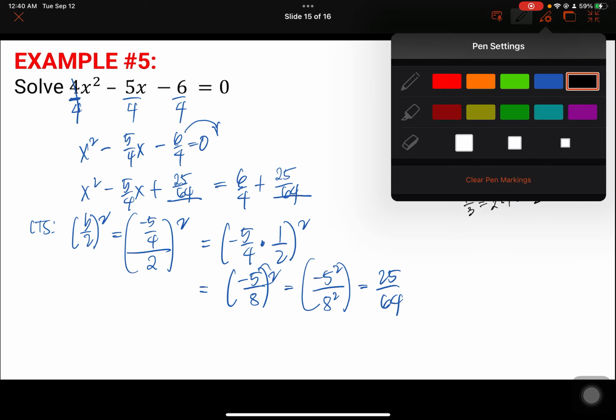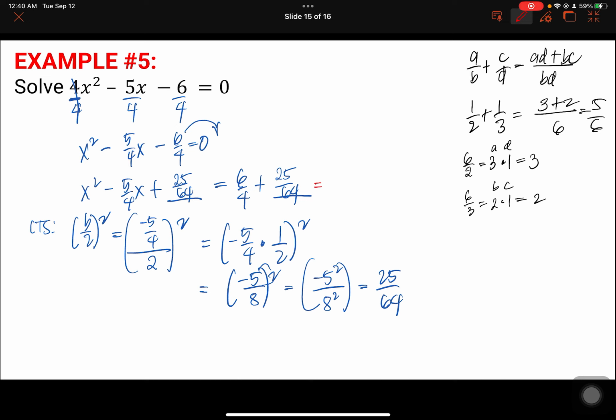So, using our problem, so ang LCD po niya dito ay 64. 64 divided by 4 is 16. Then, 16 times 6. So, may 96 tayo dito. Plus, 64 divided by 64 is 1, times 25 is 25. So, 96 plus 25, we will have 121 over 64.